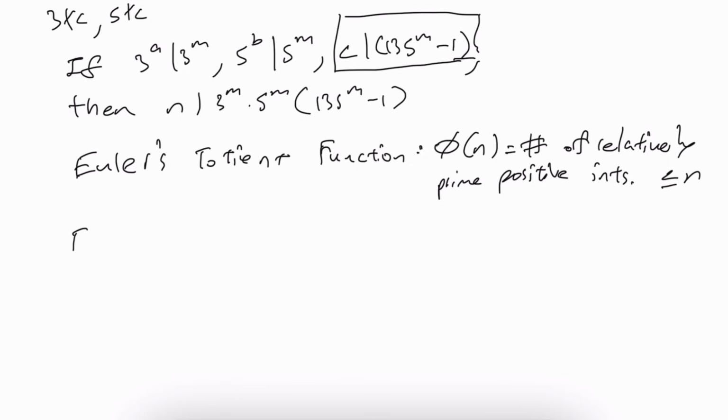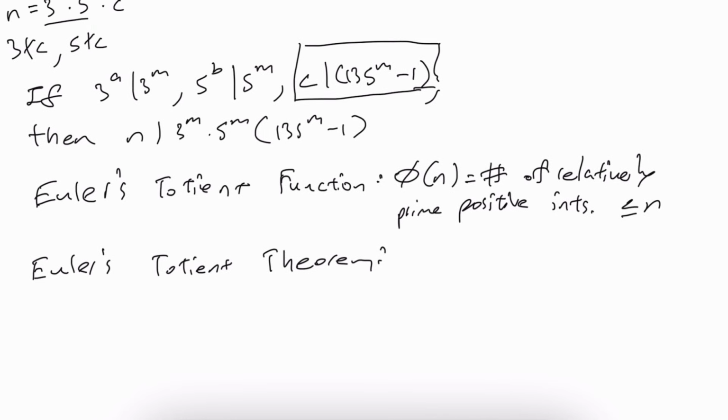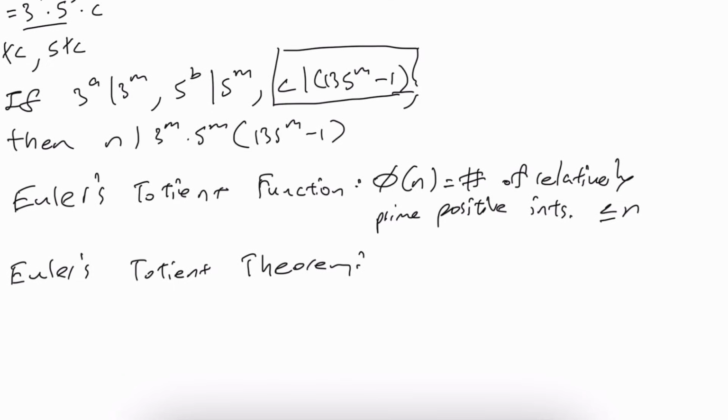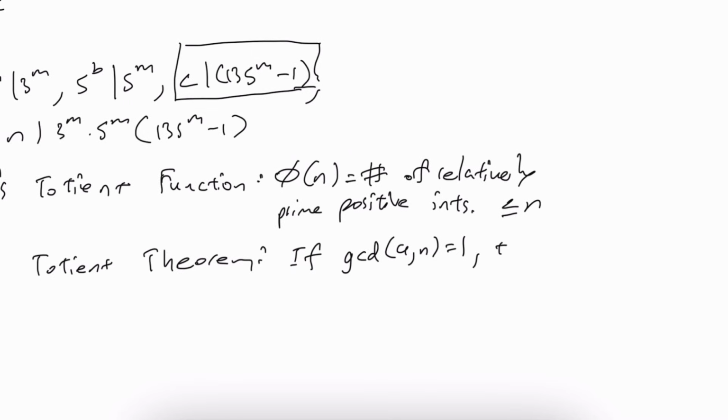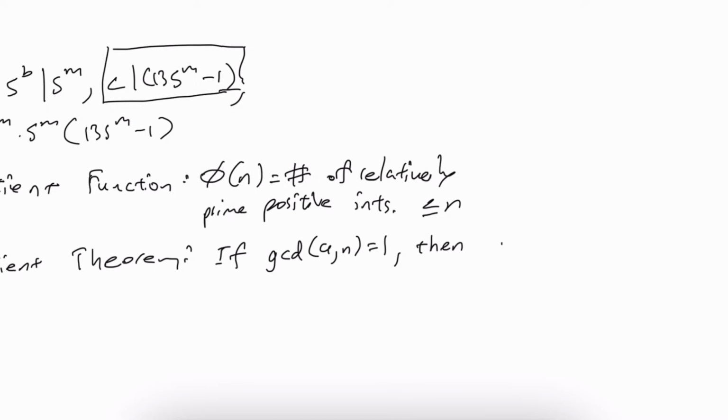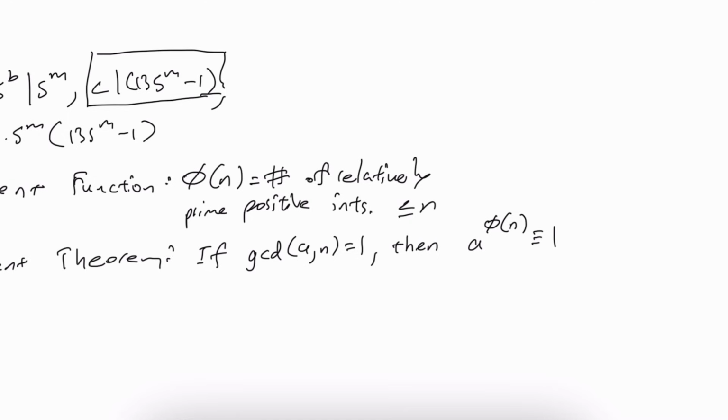And so Euler's totient theorem gives us a nice relationship between n and certain powers, where if we have a and n to be relatively prime, then a to the phi of n is congruent to 1 mod n.